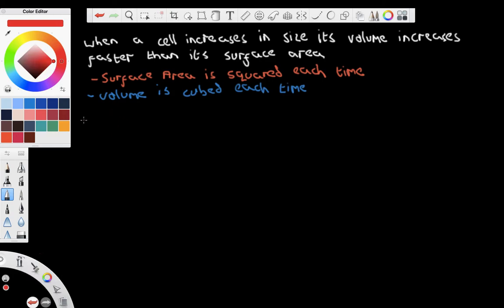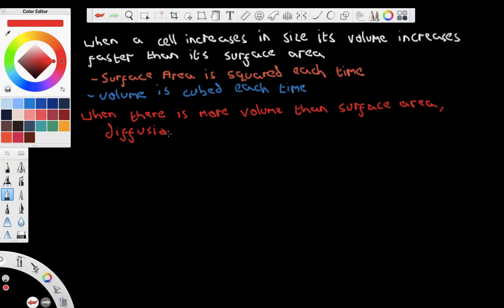So we can put in red, when there is more volume than surface area, diffusion is longer/slower.